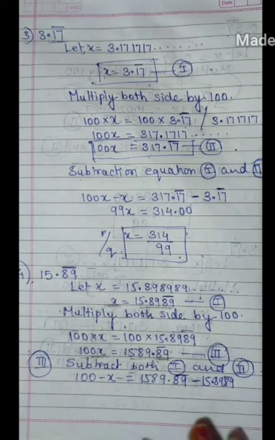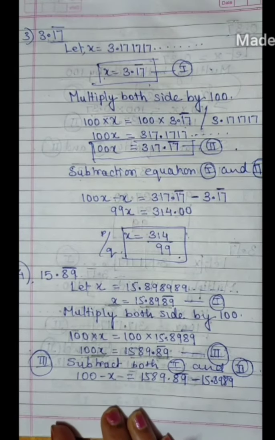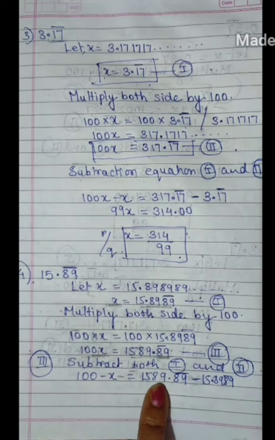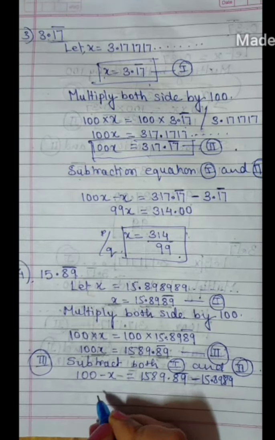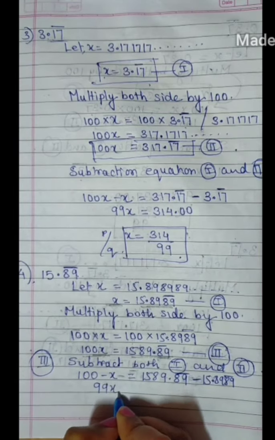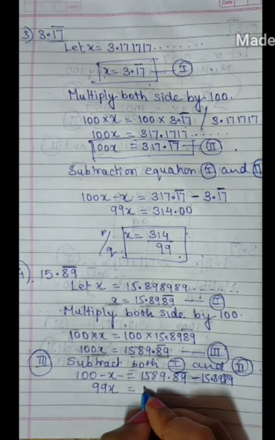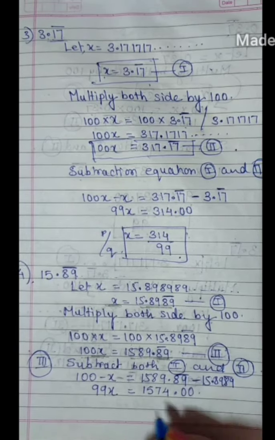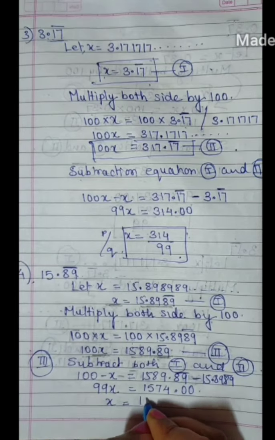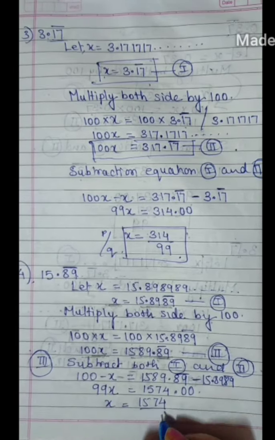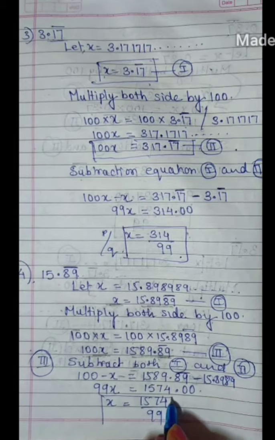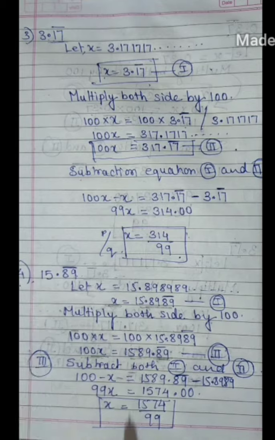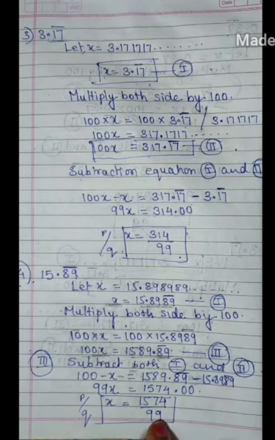Now I am not going to show how to subtract, as I already showed you. Only you should remember where the decimals are. That is very important. I am writing the answer 99x is equal to 1574.00. So x is equal to 1574 upon 99. This is the answer for question number 4 in p upon q form.